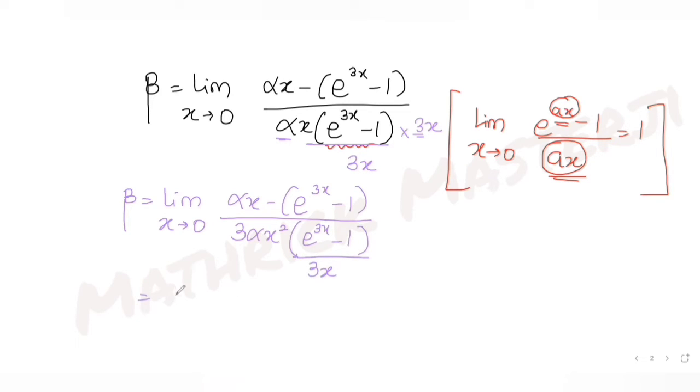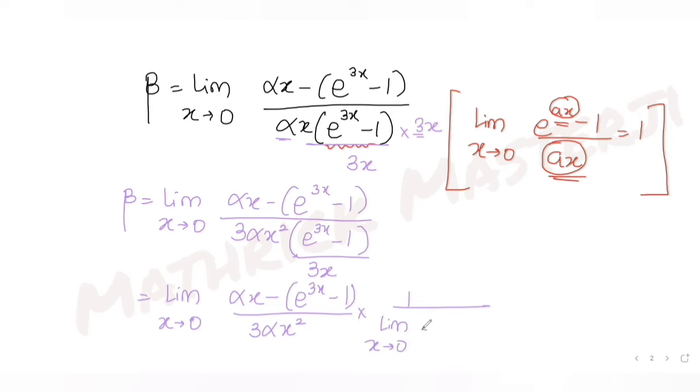Now if I apply the limit for that function first, I'm just applying the separate limit to this function. So that part of the entire function becomes 1, and that part of the function gets eliminated.